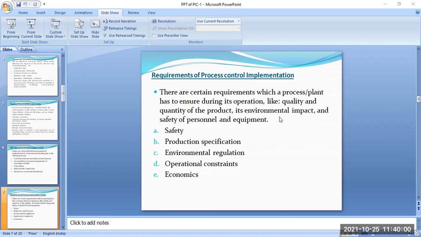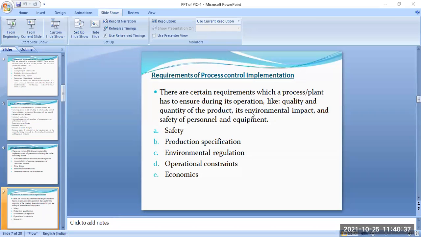That means you have to follow the quality and quantity of the product, then its environmental impact, and safety of personnel and equipment also. So these are basically the primary or secondary parameters of the process we have to follow. Sometimes it is also dependent on the quality and quantity of the product.